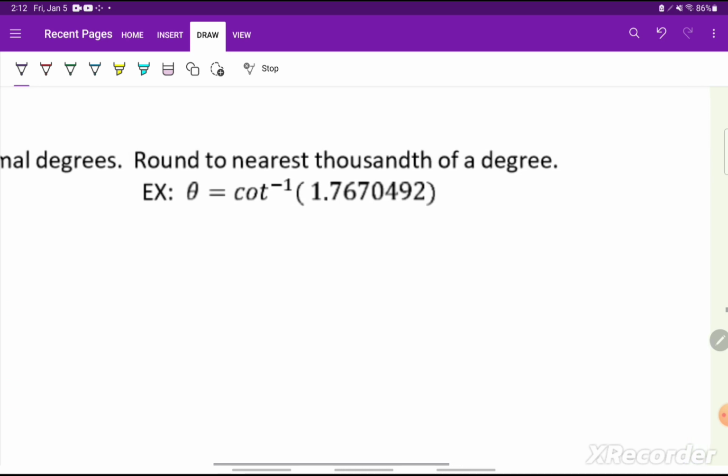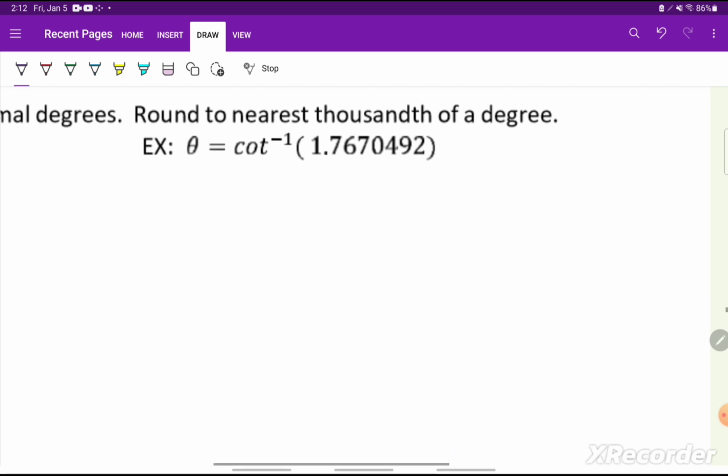In our next example, we're looking to find cotangent inverse of 1.7670492. Now our calculator doesn't have a cotangent button. So we need to do some algebraic manipulation before we can plug this into our calculator.